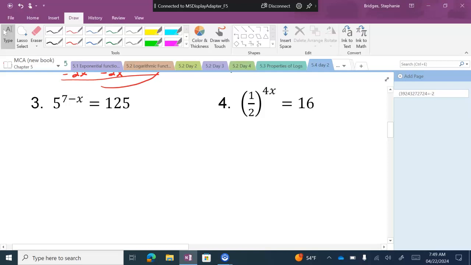Now that you have the same bases, what you do is kind of just drop those off and set that exponent equals the other exponent. Just the exponent. And it's all like that.